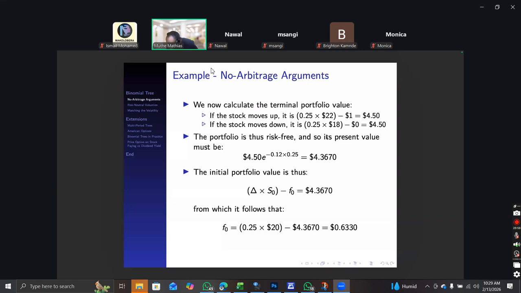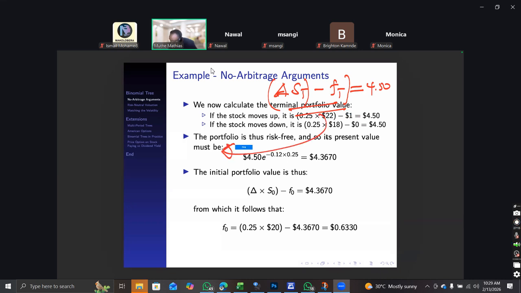so let me write here. This was the value for this one here. So we had S_T and then minus F_T, and we found that this one here is equal to this. So what do we have to do now? We have to discount this one here to today's value.